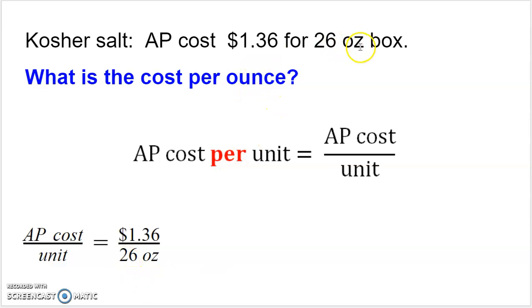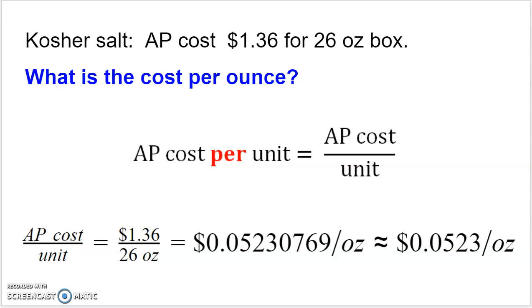So $1.36 for a 26-ounce box is $1.36 divided by 26 ounces. When I divide that out, I get about $0.0523 per ounce.